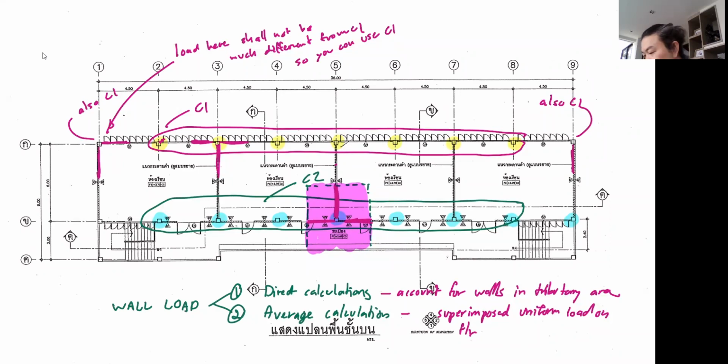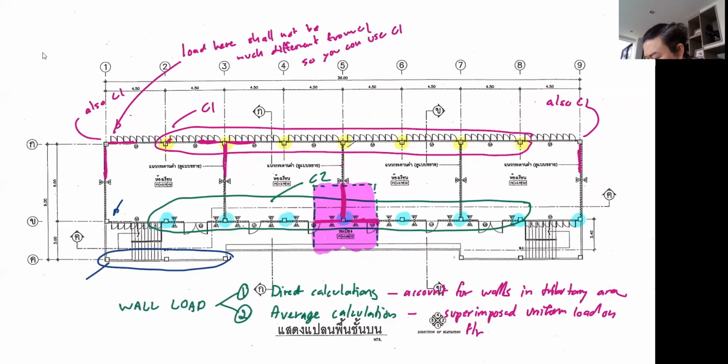Okay, one for C2, one for C1, and then you may want to have a quick check on this one and see if you need C1 or C2, okay, by doing a quick load summation. And this one, it's kind of small load.